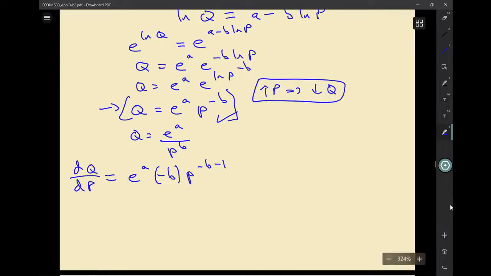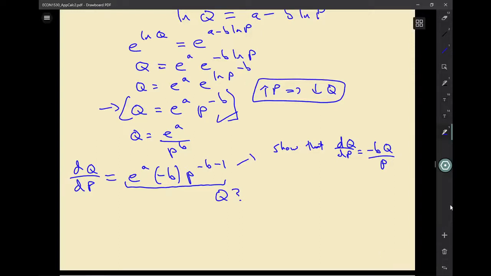Except that they want us to show that dQ/dP is equal to negative b q over p. And so if I look over here, I don't really see a q, do I?